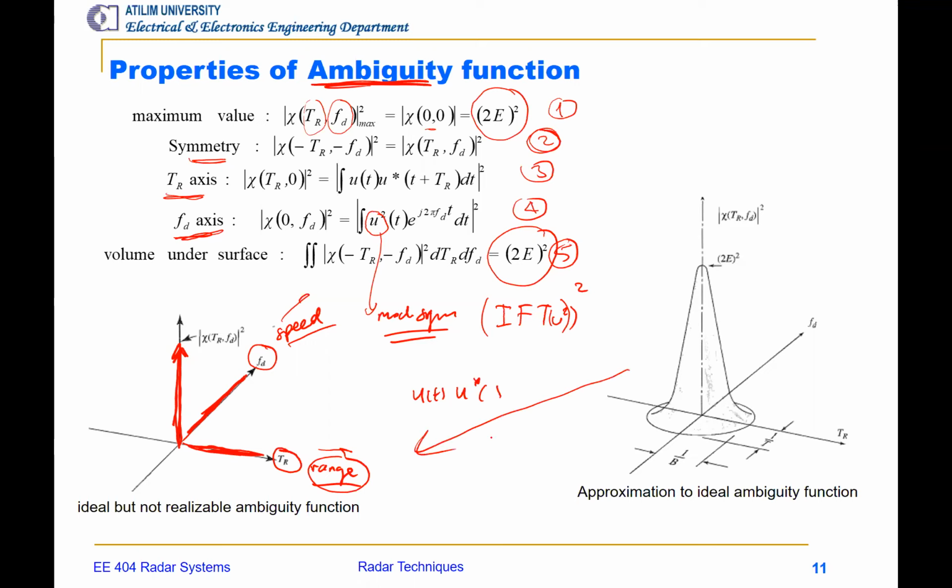One approximation to this theoretical one could be something like this, just similar to a cone, where we got a single peak. It's spread equally over the Doppler axis and range axis, and the width of this cone-like shape is proportional to the duration of the pulse and the bandwidth of the pulse.